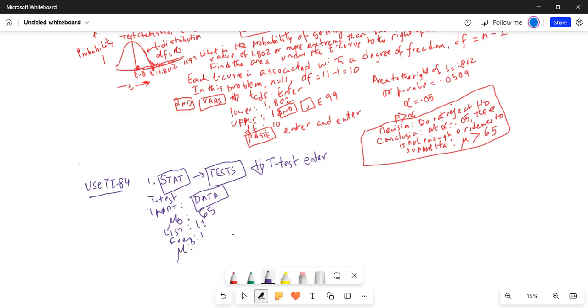Remember, we are doing greater than mu0. It's a right tail test. So bring the cursor on greater than mu0 and hit enter. So it should be flashing on greater than mu0. Then go down to calculate, put the cursor on calculate and hit enter.